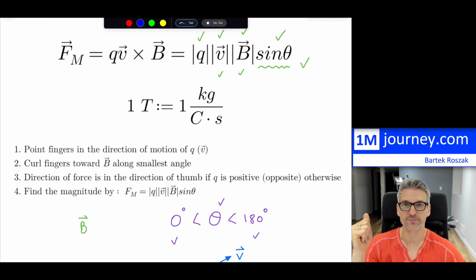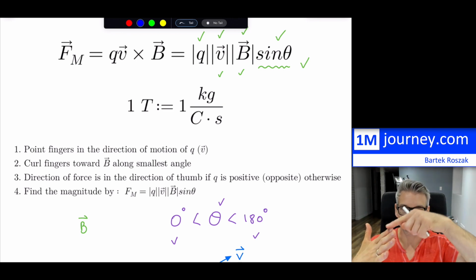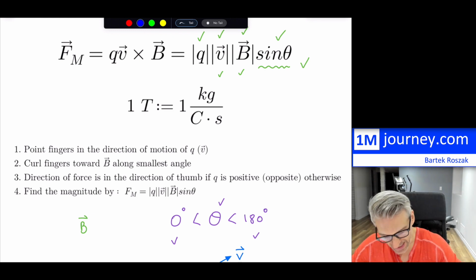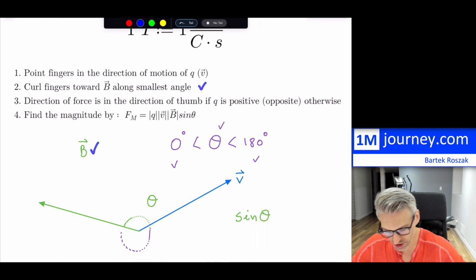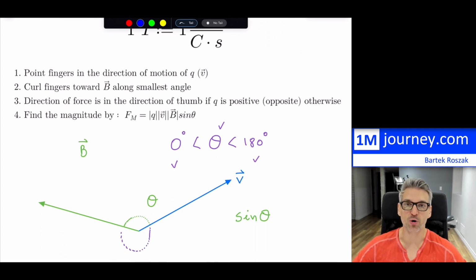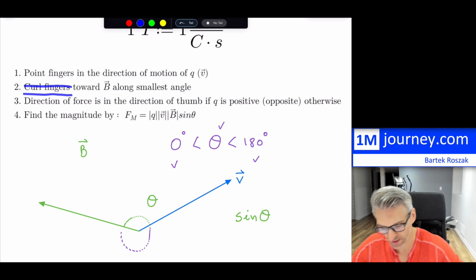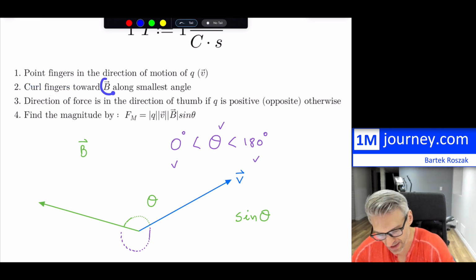First off, you point your fingers in the direction of motion of the charge, wherever the charge is moving. The next thing you do is take a look at which direction your magnetic field is pointing, and you curl your fingers towards the magnetic field.